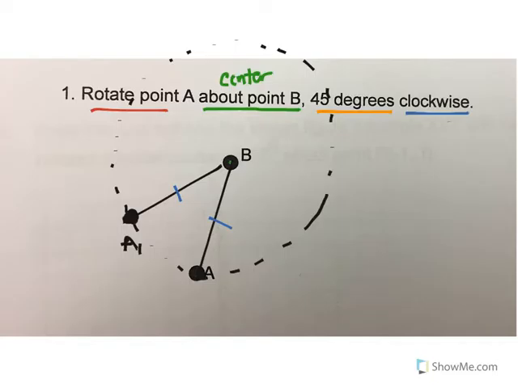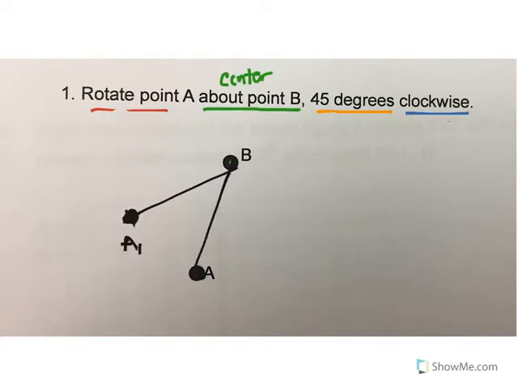So we'll erase this extra part out here. We'll erase all the extra stuff that helped us find the answer. And we'll be left with this as our answer. And let's check our work. If A rotates from A here to A prime here, that is clockwise, right? Yes.